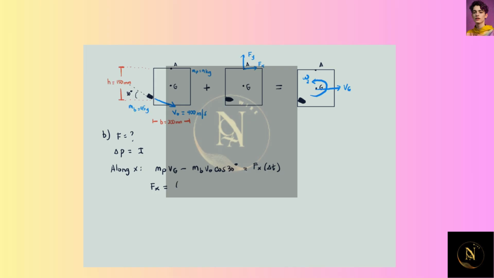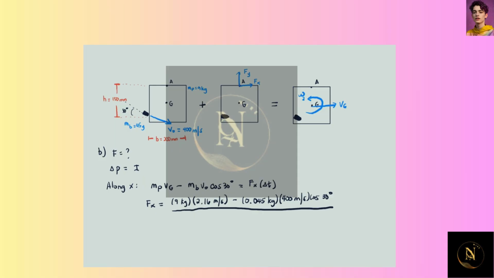So that would be 9 kilograms times 2.16 meters per second minus the mass of the bullet 0.045 kilogram times 400 meters per second cosine 30 degrees. Then all over the time interval, which is 2 milliseconds.